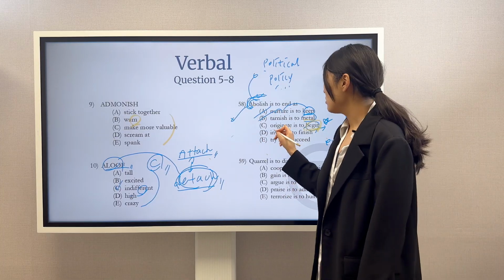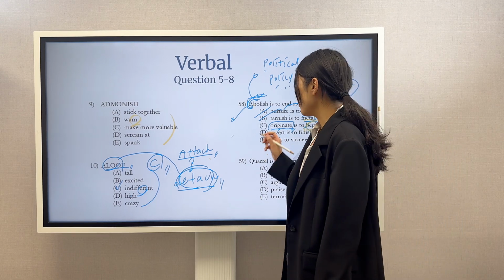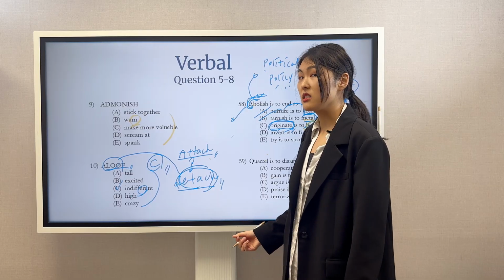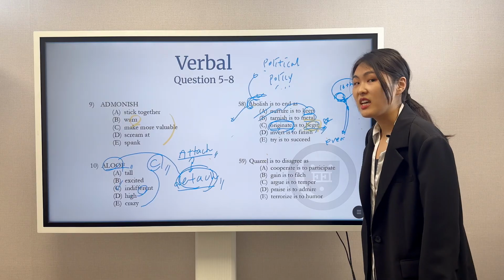What about C? When something originates from something, originate means something started to exist. And that's pretty much the same as when something begins.